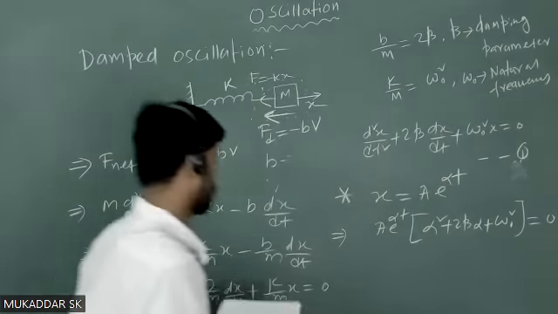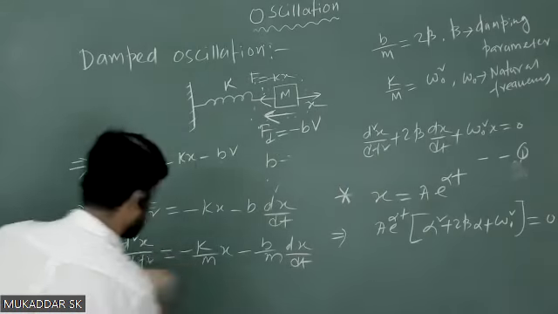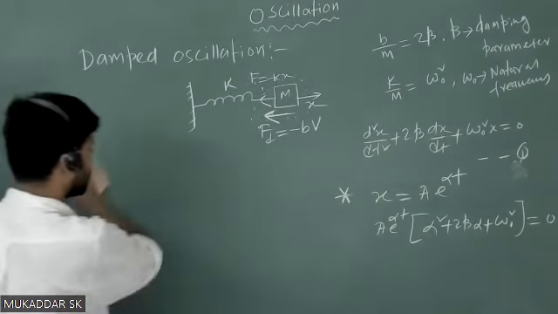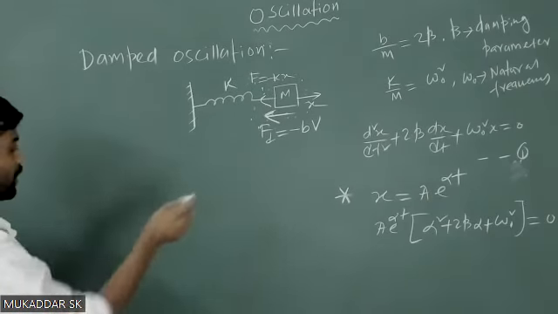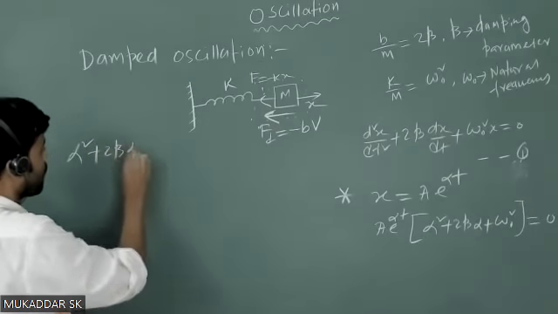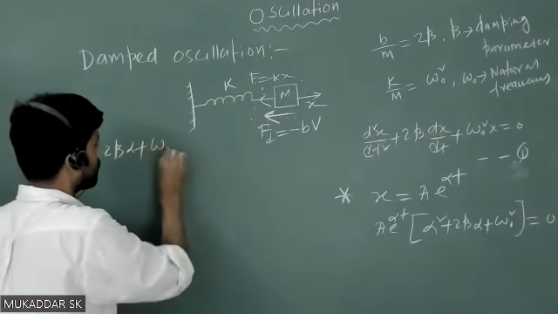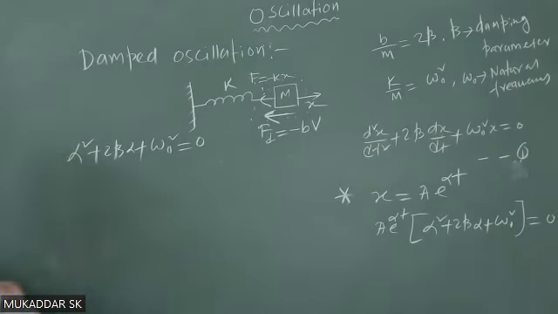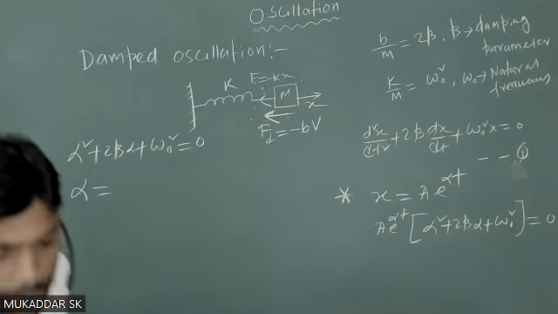So from here I can write alpha square plus 2 beta alpha plus omega naught square equals 0. Right? So this is a quadratic equation. So the solution will be alpha equals how much?